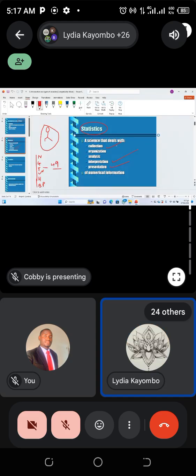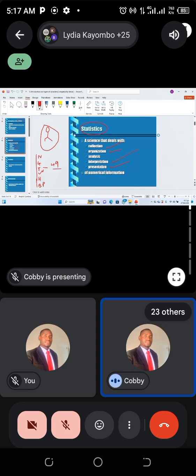After you collect the information, you have to organize it. Okay, put it in proper arrangement. Organization just simply means putting this information in a very well arranged manner, that can help people to understand it.